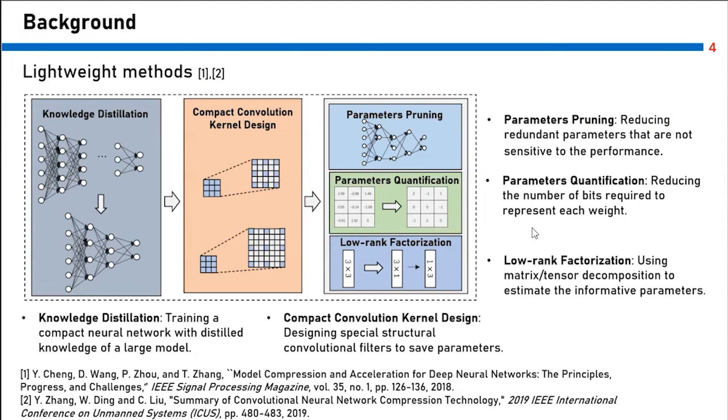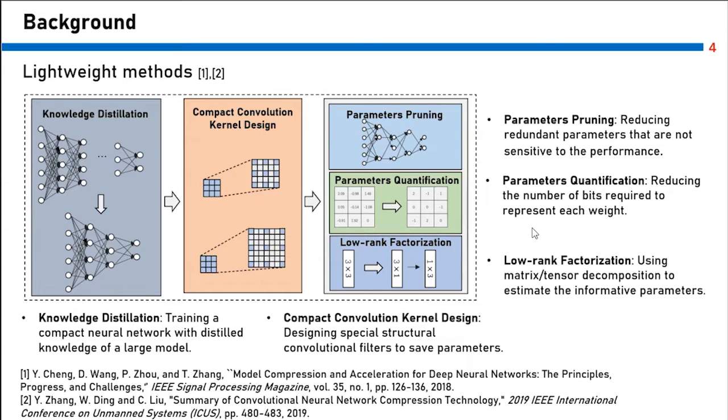Lightweight methods based on deep learning are generally divided into 5 categories: parameter pruning, parameter quantization, low-rank factorization, compact convolution kernel design, and knowledge distillation methods.